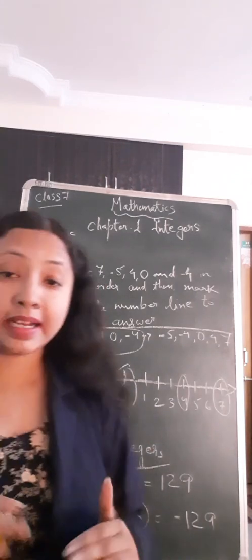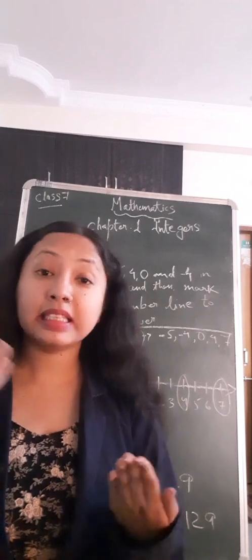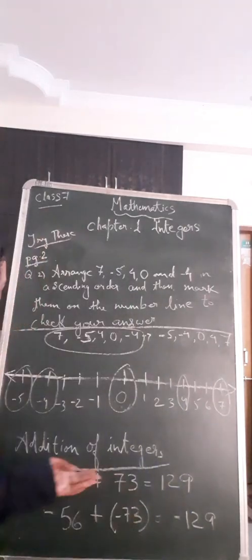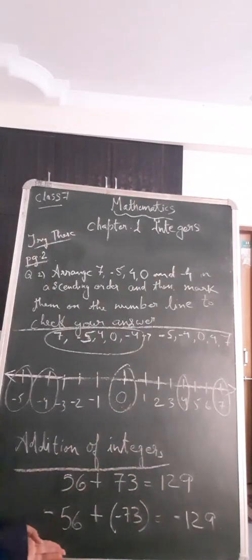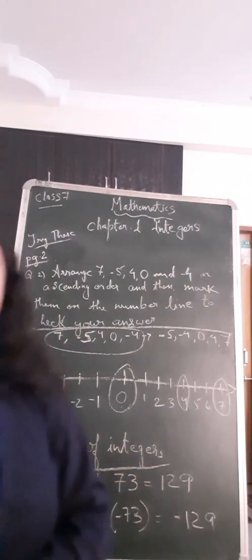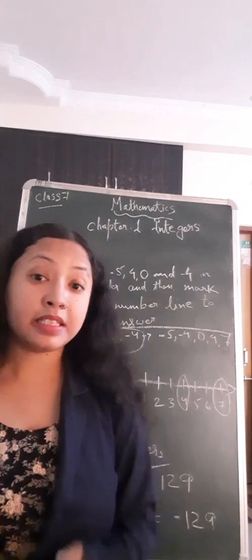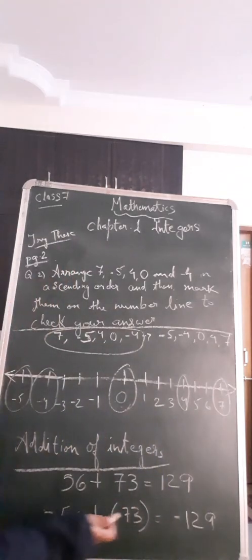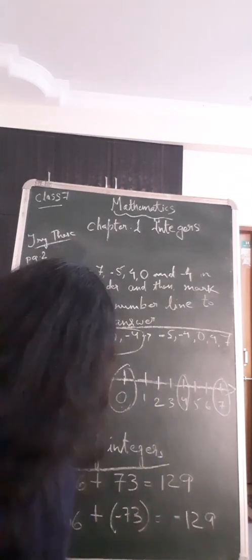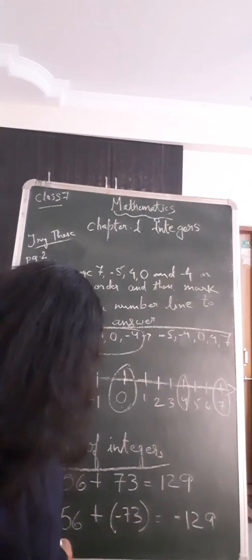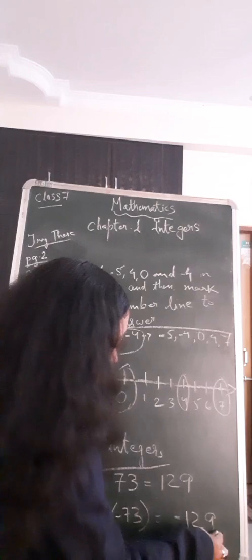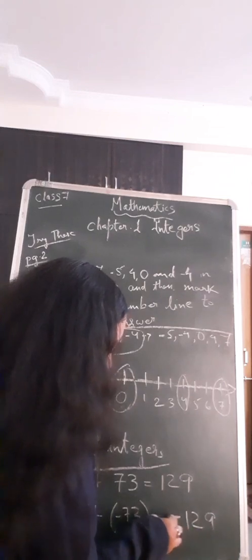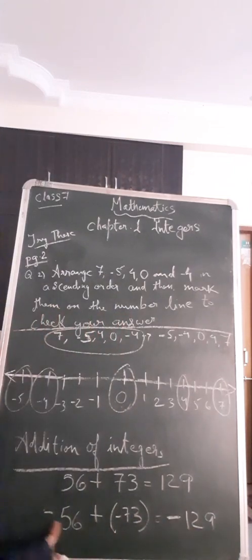Okay, but when we will be adding negative numbers, suppose instead of 56 and 73, we have got minus 56 and minus 73 to be added. Now when we will be adding it, children, since both the numbers have a minus sign, in the answer you will have to place the minus sign as well.